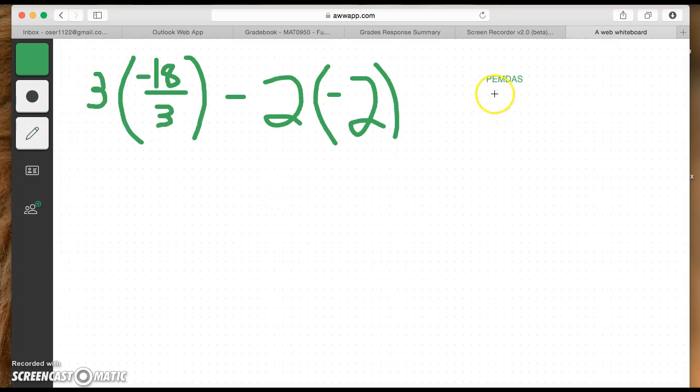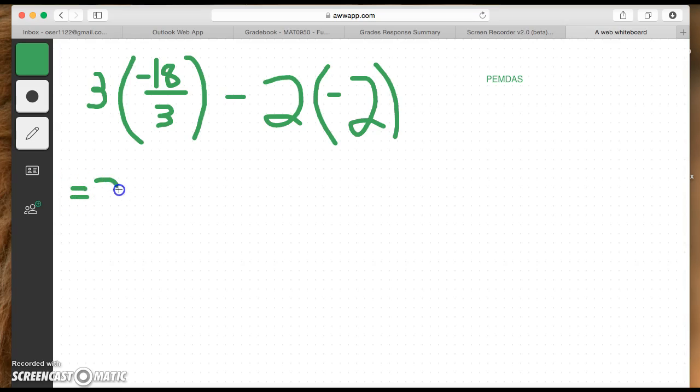Okay. So starting off with parentheses, notice here in our parentheses we have negative 2. You cannot simplify that any further. Over here in parentheses we have negative 18/3. Now this parentheses we can simplify, and we should. We can take negative 18 and divide that by 3.